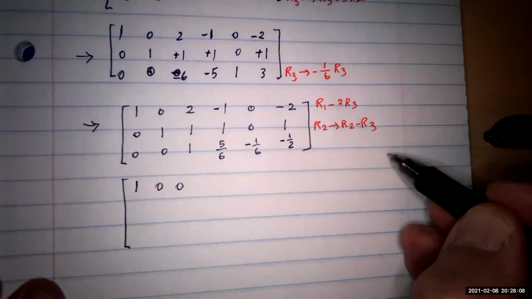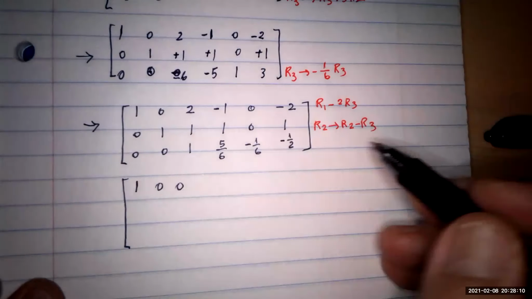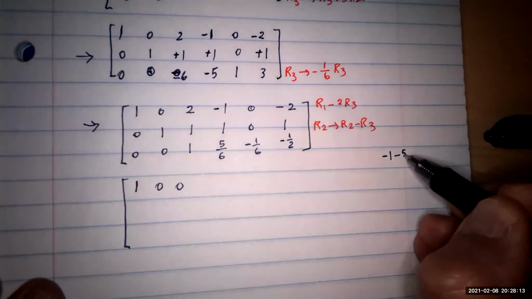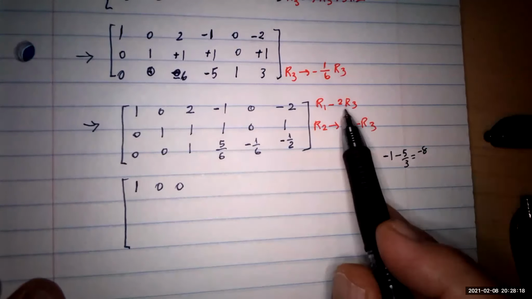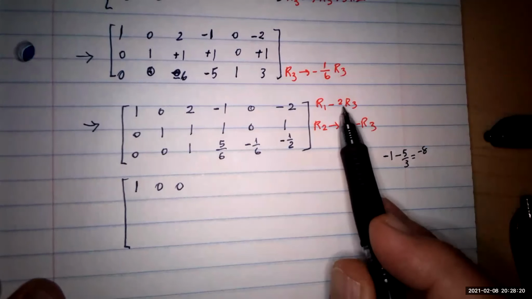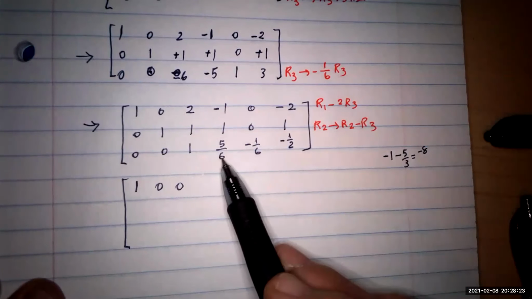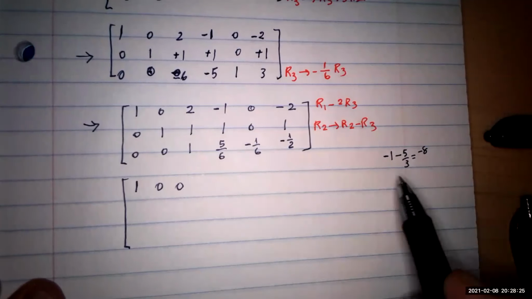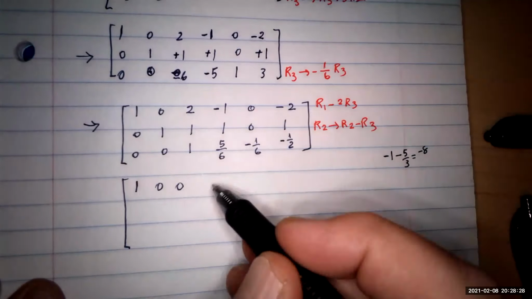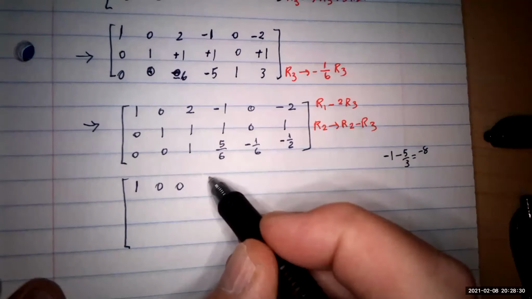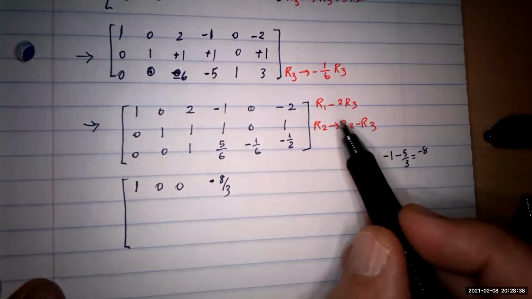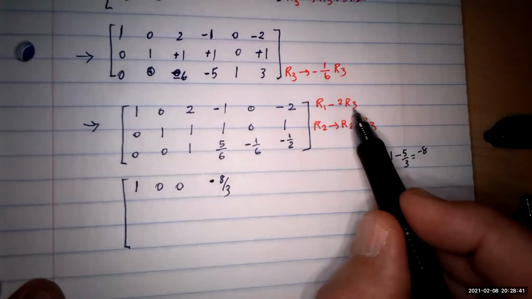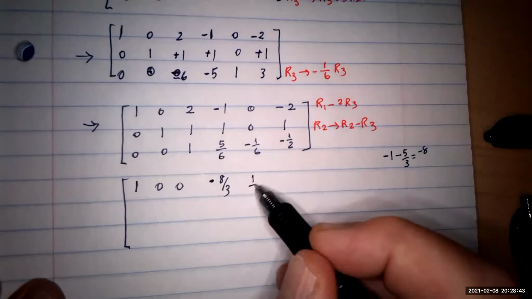So we get the negative 1 over here, and we have a negative 5/3, which is going to be negative 8/3. Because I multiply this one, that gives me negative 5/3. So that would be negative 8/3. And over here, R1 minus negative 2R3 gives you 1/2.